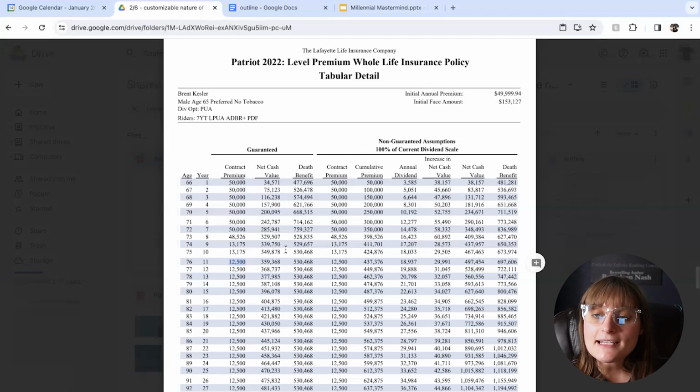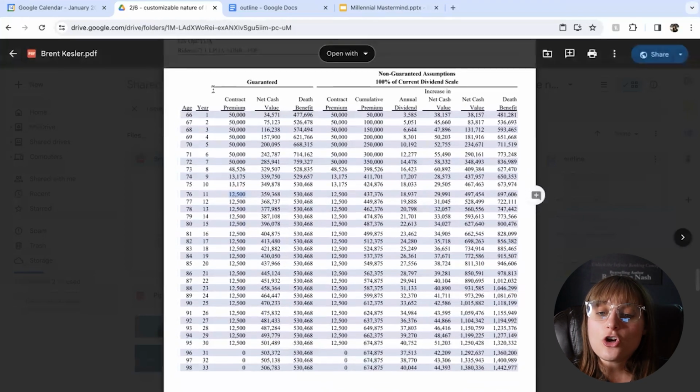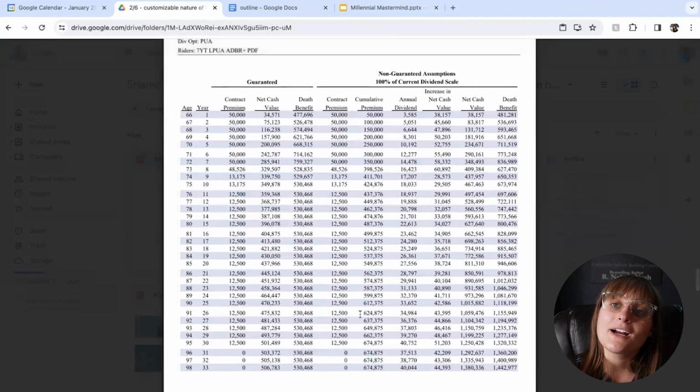And I designed it this way because I get it. Brent, who's 65, his needs and goals are different than Monroe, Piper, and Hannah, where we are younger and we have different needs for our banking system right now.